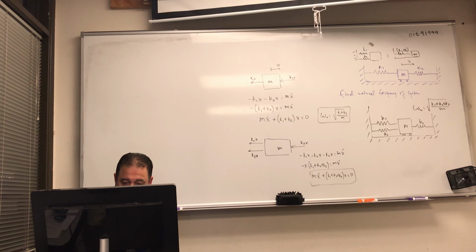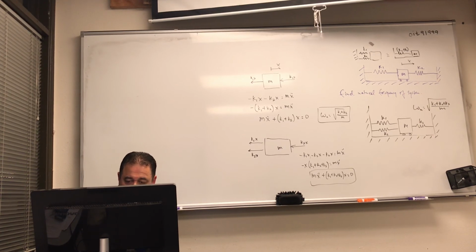Now, I assume that you guys have been working on the homework, the first homework, right? So you've looked at the problem of the old drum floating in the seawater and that kind of good stuff. The third one, I think.